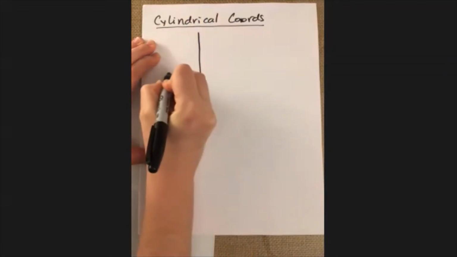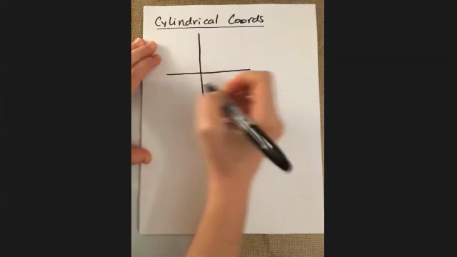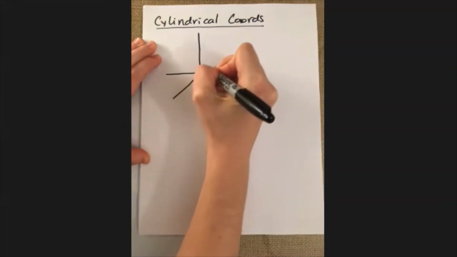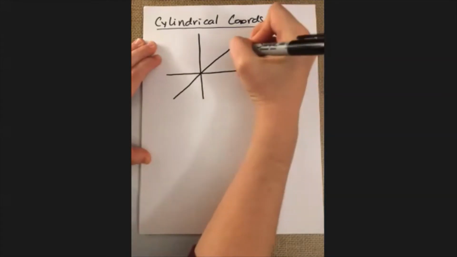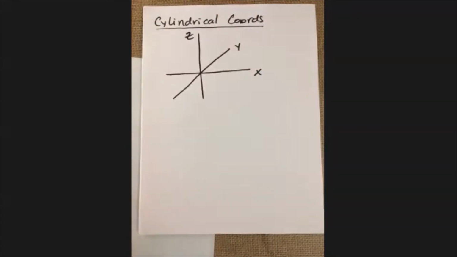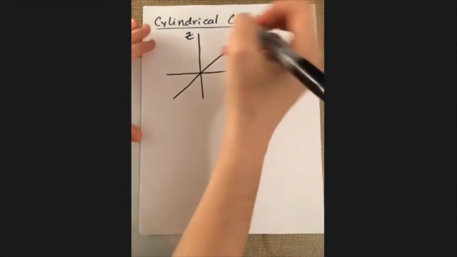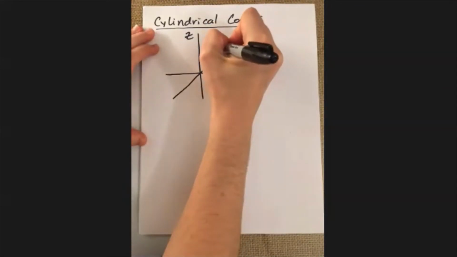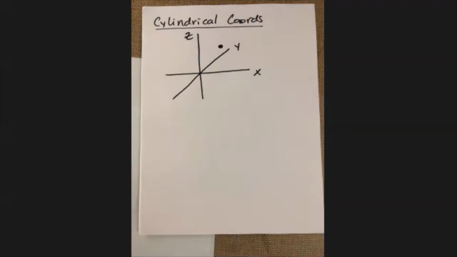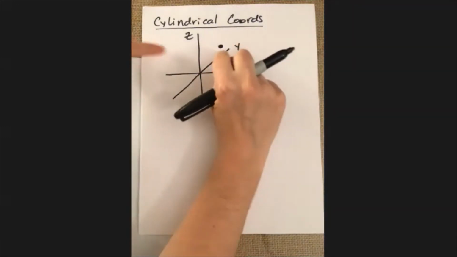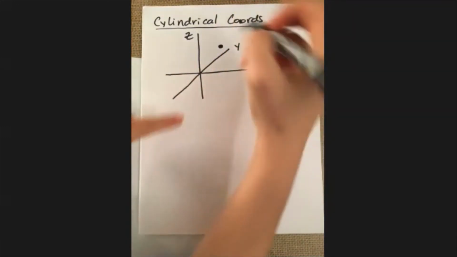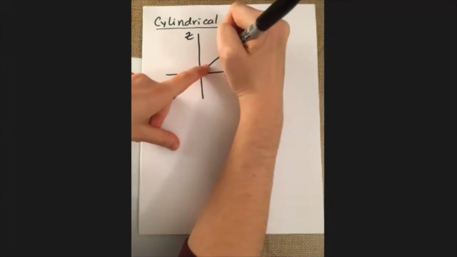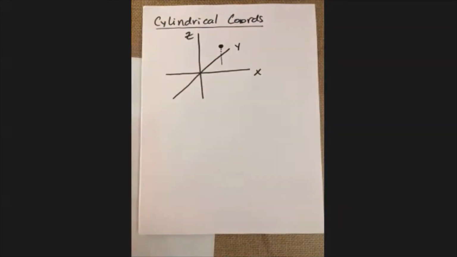So if these are axes like so, and suppose that I want to put a point right, I don't know, we can put it here, for example. Now, when we're trying to identify this point using cylindrical coordinates, we drop this down here, and actually I'm going to use a different color instead of black. Let's use this green here.